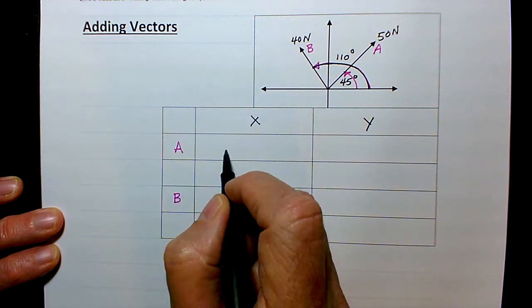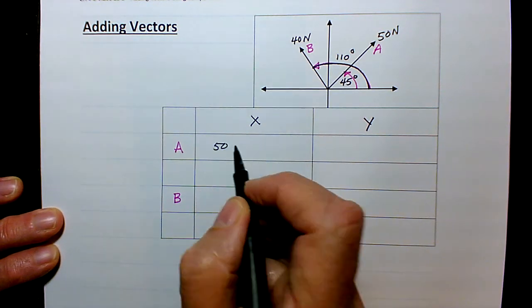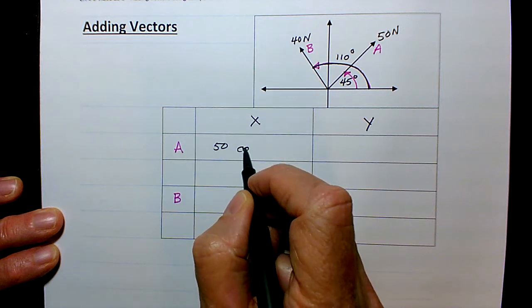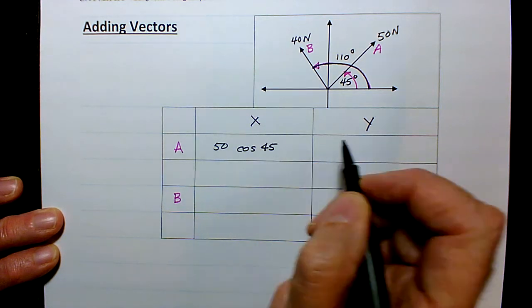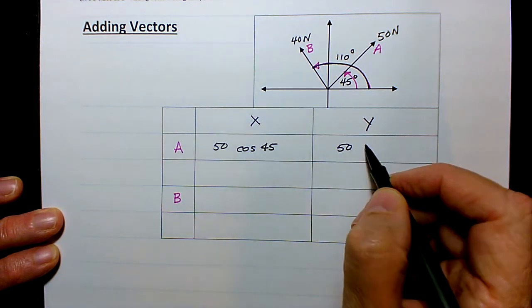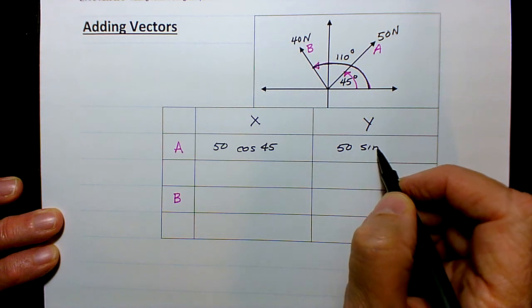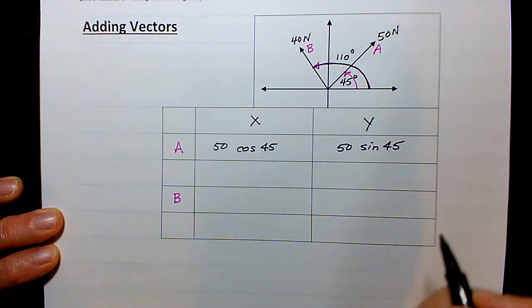So vector A is going to be 50 newtons cosine 45, 50 newtons sine 45.